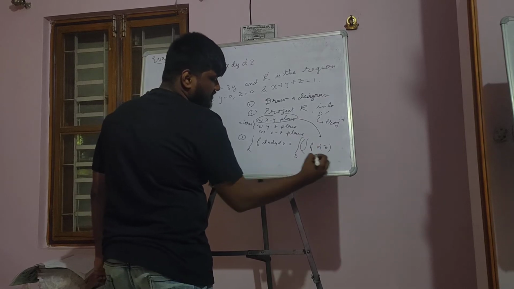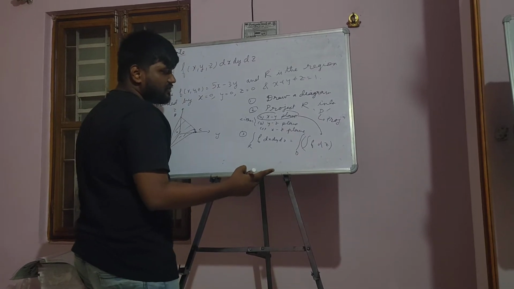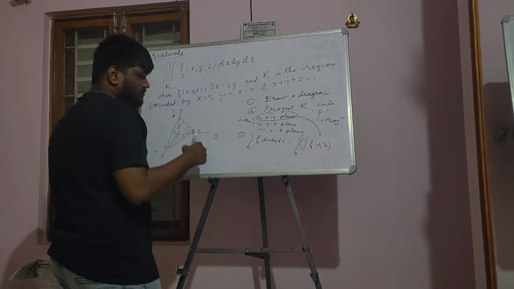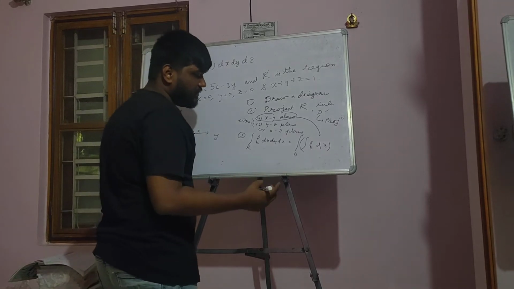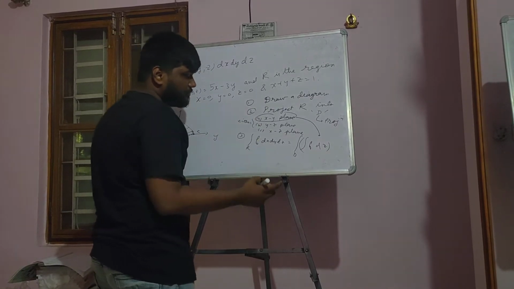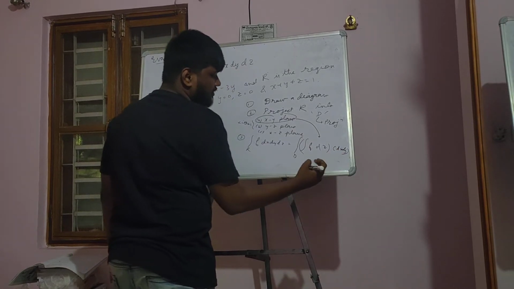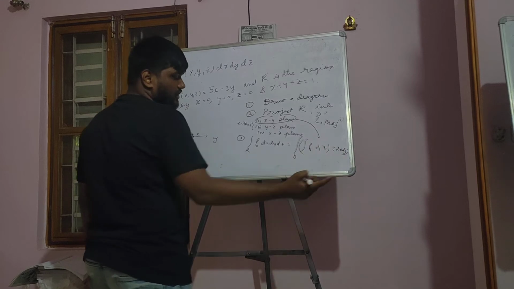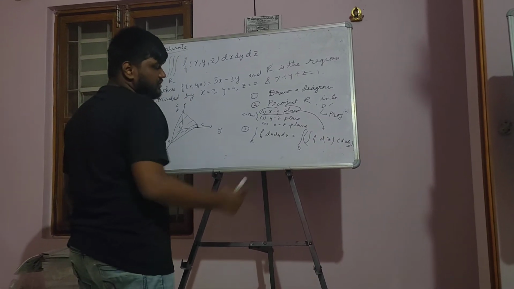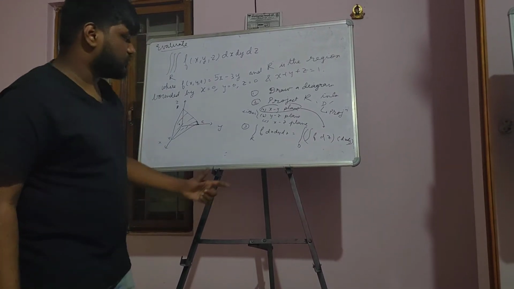We know that the projection is a two-dimensional space, like R2, like the xy plane, and like the functions we studied up to now. Then you integrate with respect to the remaining two variables. It can either be dx dy or dy dx. Whatever suits D is the most suitable option.